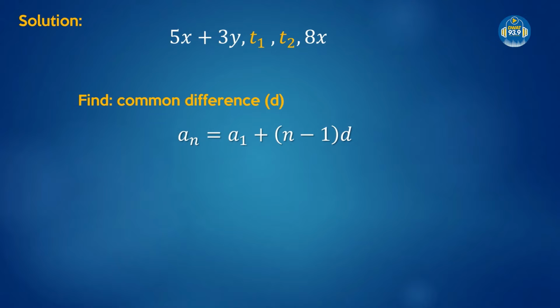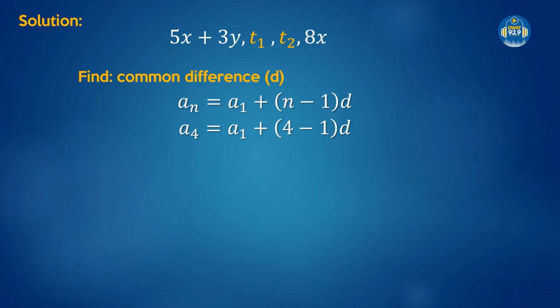Again, by using the formula of an arithmetic sequence, a sub n equals a sub 1 plus n minus 1 times d, we solve for the common difference d. That is, a sub 4 equals a sub 1 plus 4 minus 1 times d.